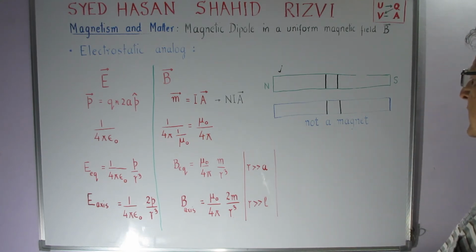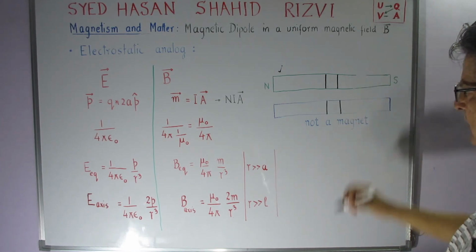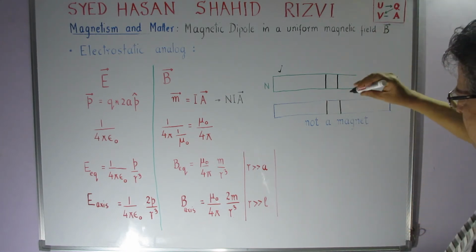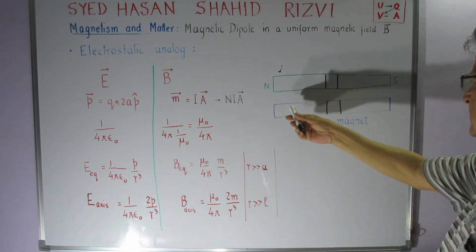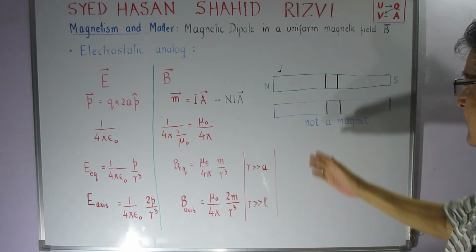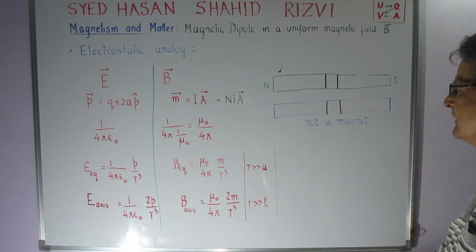So I will immediately say, if there is substantive amount of attraction between the two of them, that the magnet is this one and this is not a magnet.